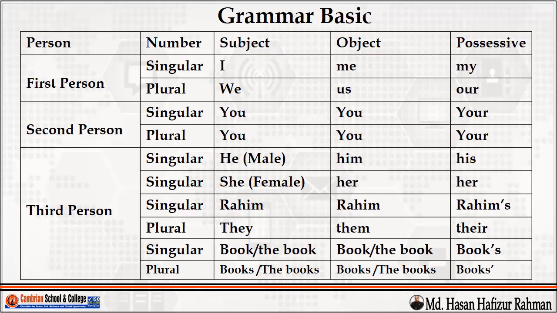Like that, book, the book. Subject and object are the same. Possessive of book is apostrophe s, book's. Plural, books, the books. Object is also the same.